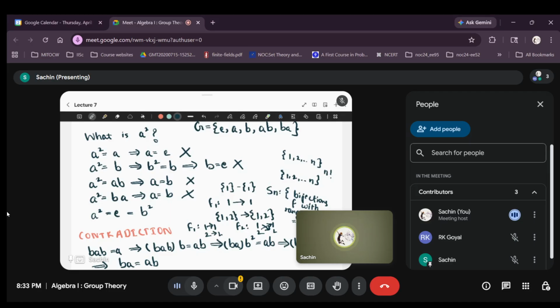So there are two possible bijections, but since one of them is the identity element, this is E, this would be A, and the operation is function composition. So again, it is abelian. But for n greater than or equal to 3, you can show that this Sn is a non-abelian group.